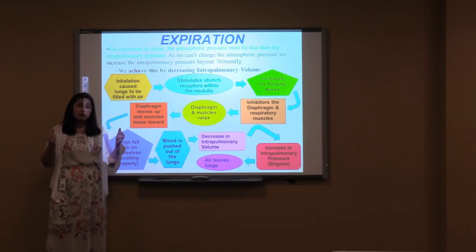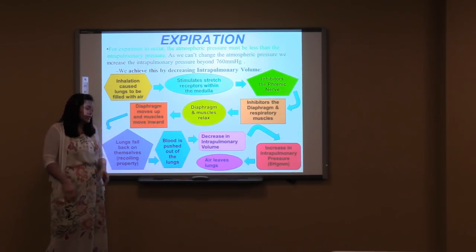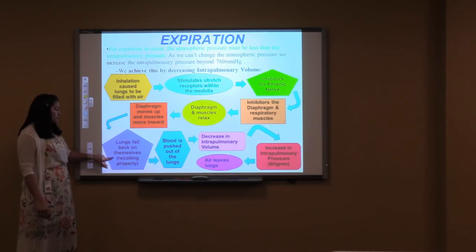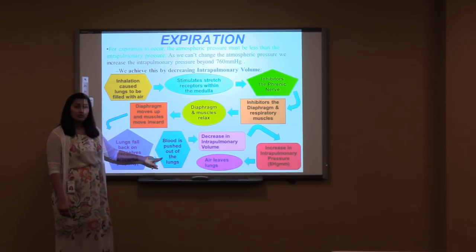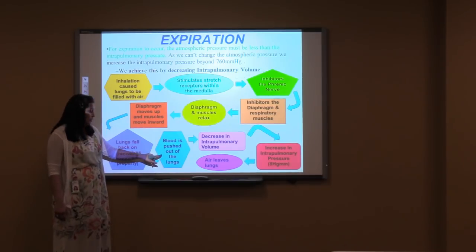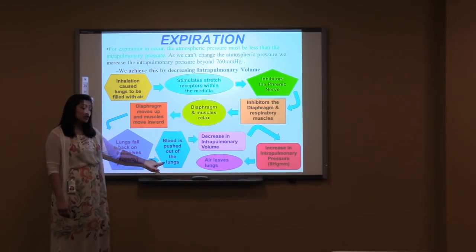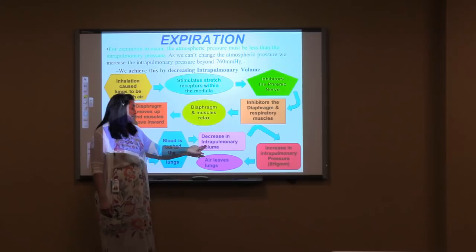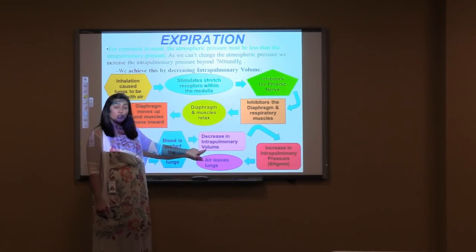You pulled the lungs during inhale, you stretched them. Now on exhale, you release them and they fall back to their original shape and size. So when the lung falls back on itself because of this recoiling property, blood is pushed out of the lungs via the arteries. Because blood is pushed out, there's a decrease in intrapulmonary volume.